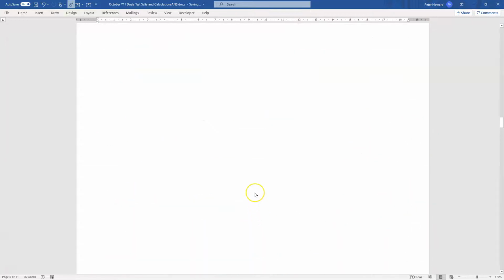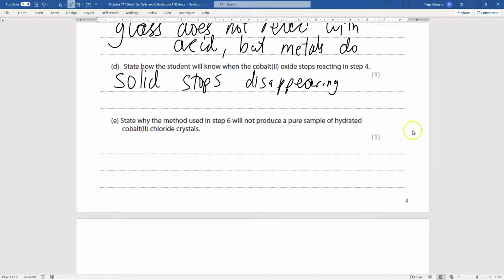So that means we can now answer the last question, which is why will it not produce a pure sample?